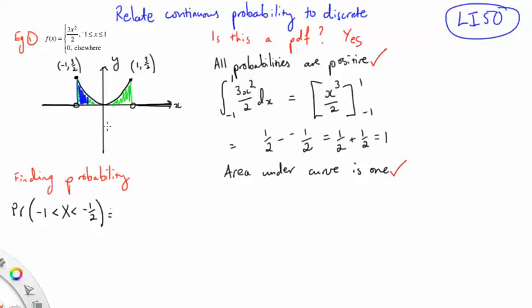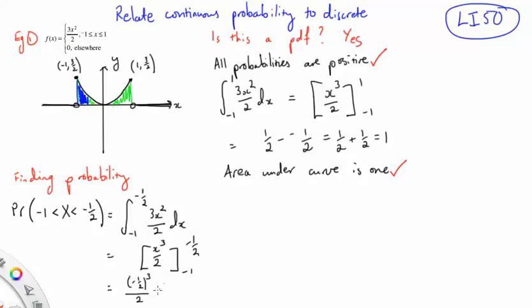We integrate from -1 to -1/2 across that interval, 3x squared on 2 dx, which equals, as we worked out before, x cubed on 2 from -1 to -1/2, which equals -1/2 cubed on 2 minus -1 cubed on 2.